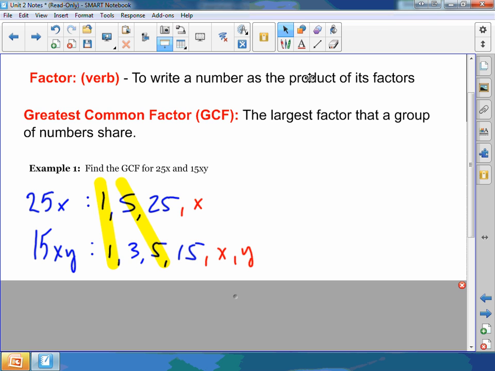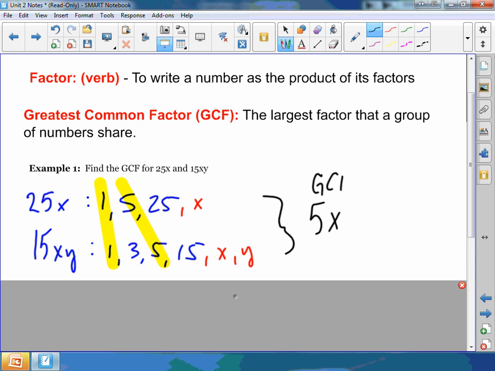So our GCF here, guys, isn't just 5. What is it? 5 and x. It's 5x. The greatest common factor that they both share is an x, and 5 would be the other factor. So this is the GCF. That's the new part here with the variable.